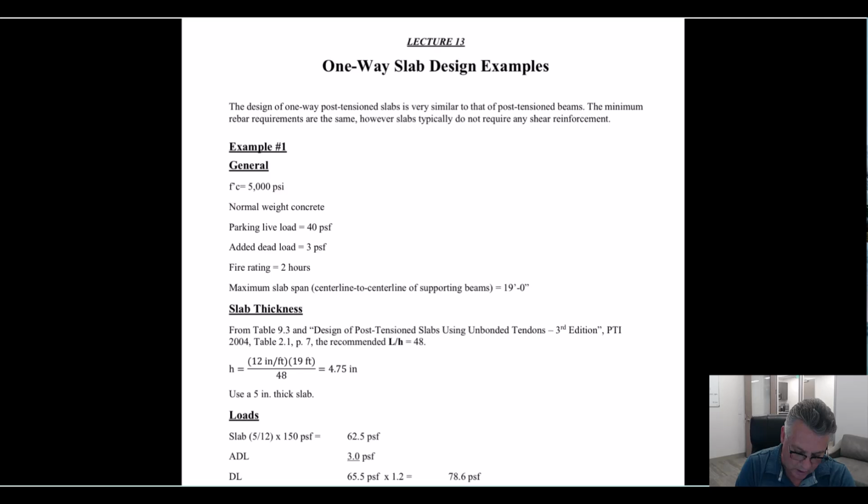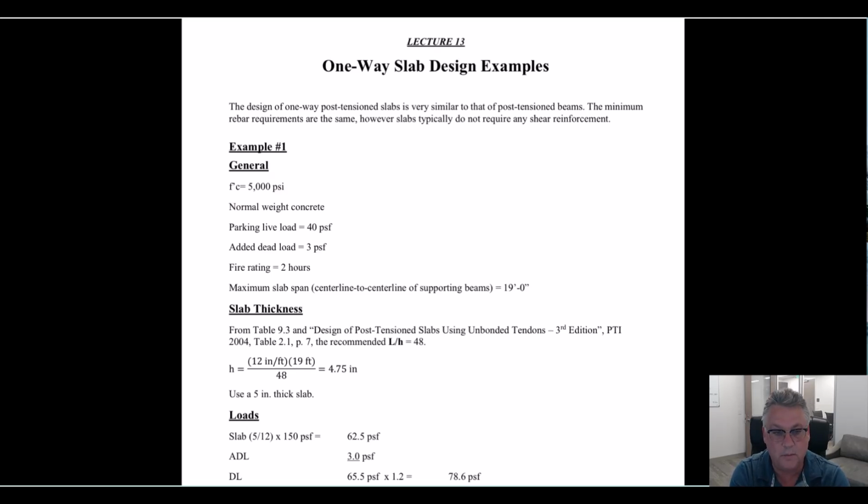So normal weight concrete, 40 pounds per square foot of parking loads. By the way, these days, one-way slabs are only supporting parking loads. In fact, beams are only supporting parking loads. They are really just used in parking structures now. Flat plate design, two-way flat plate design really make up all kinds of post-tension concrete buildings.